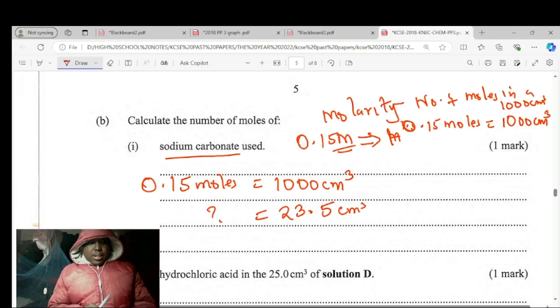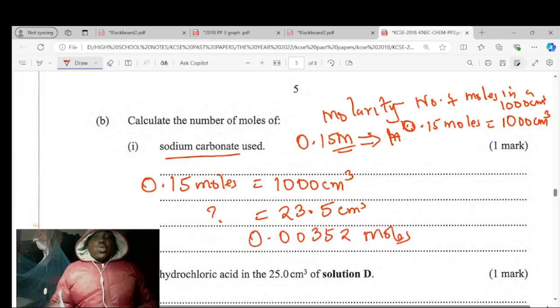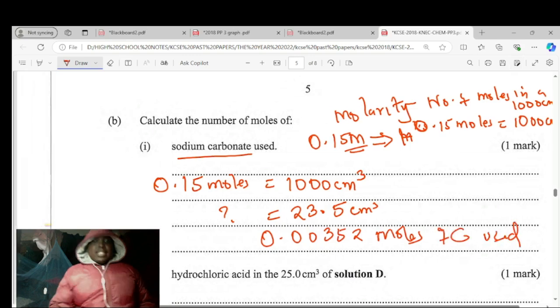You get 0.00352 moles. So this is the number of moles of sodium carbonate solution C used. That is what has been used of C.